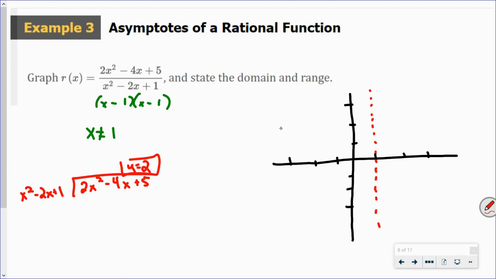So at y equals 2, I have a horizontal asymptote, which means as x goes to infinity, it's approaching this line. As x goes to negative infinity, it's approaching this line. It still may cross that horizontal asymptote, but it is approaching those numbers. Now, how do I know exactly where it is?